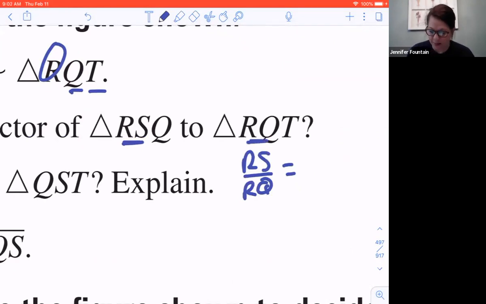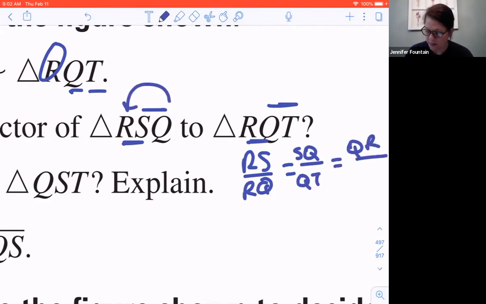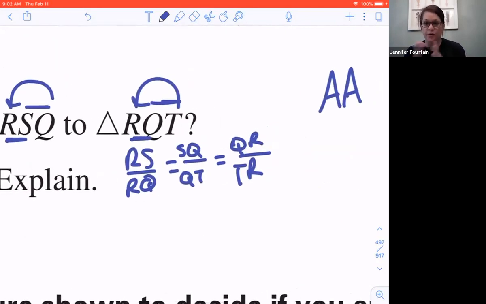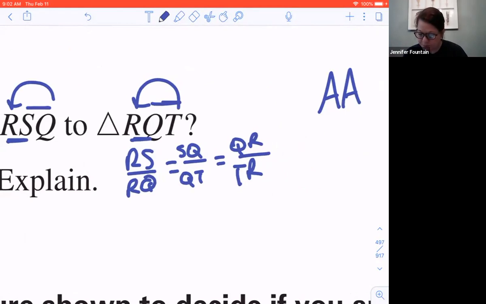I could look at SQ and QT. Okay, and then I know that QR and TR. So again, looking at the order of the letters helps me. If I'm not quite sure when I look at the figure and I go, ooh, what am I comparing to what? Just use the order of the letters and compare that way.